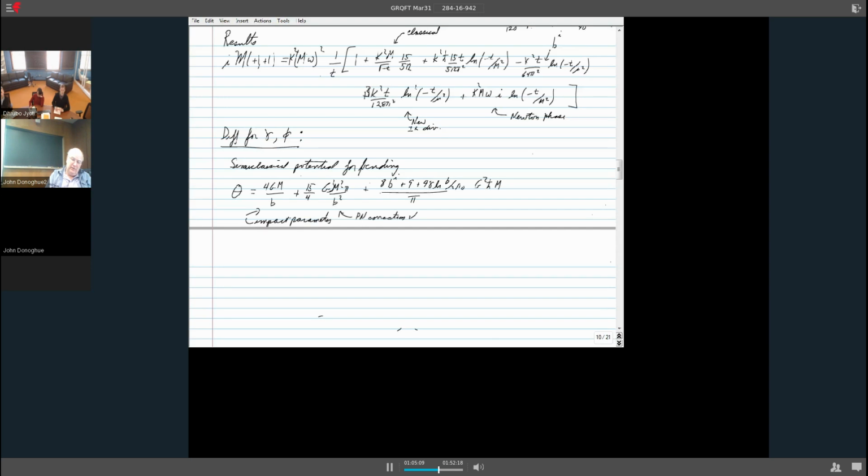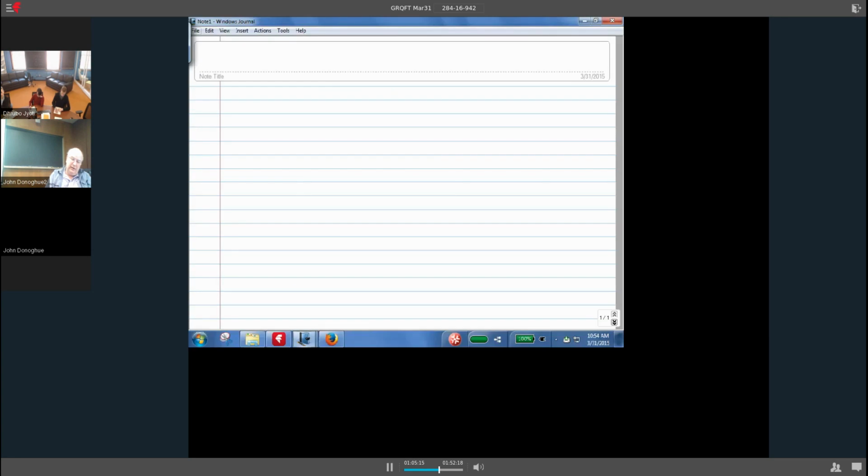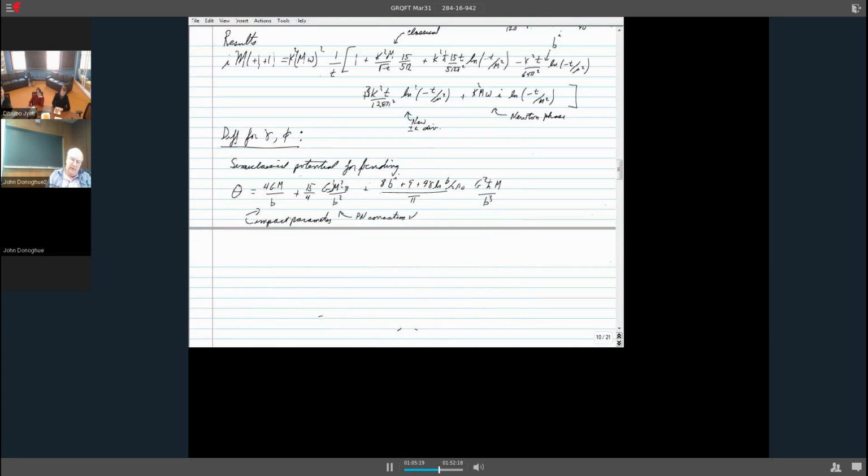Basically, you get, so the bending angle was 4Gm over b. B is an impact parameter. Then the next piece is the 15 over 4 G squared m squared pi over b squared.